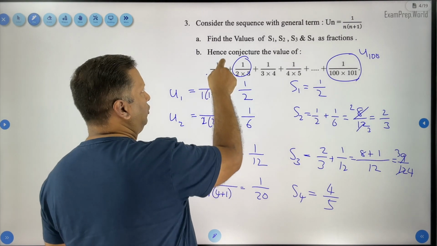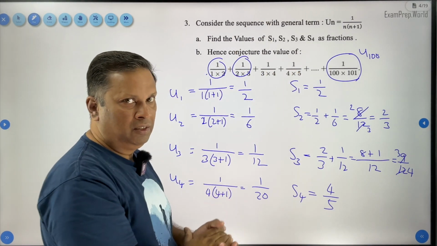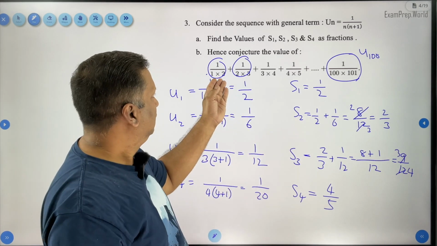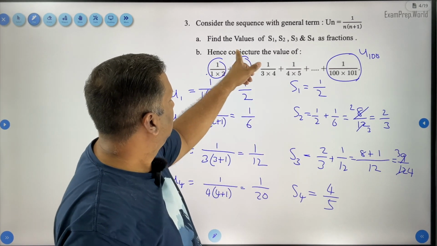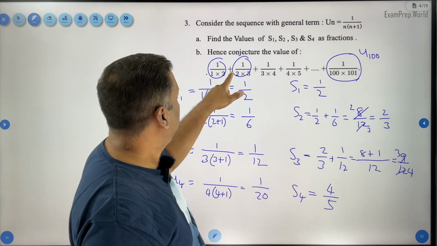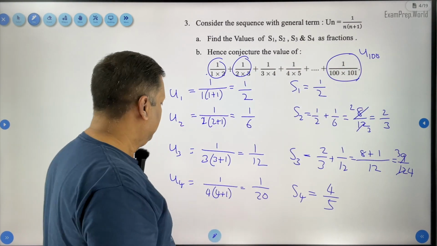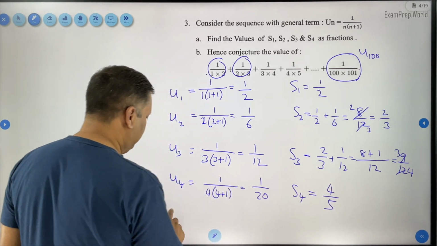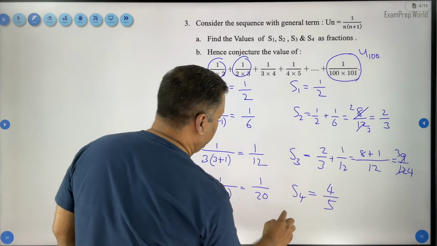First term is 1 times 2. Basically, the same terms have been written in detailed fashion here. And they are asking us the sum of 100 terms. S4 was what? 4 upon 5.